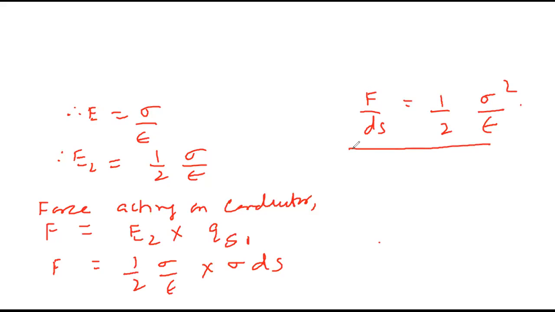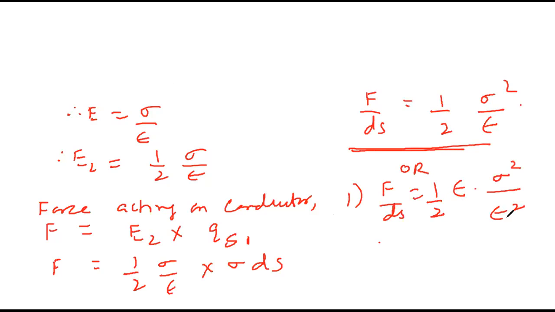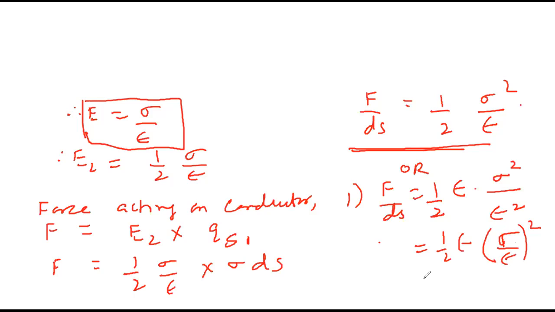This is expression for mechanical force per unit area. I'm multiplying and dividing by epsilon, so here it becomes epsilon square. This is half epsilon into E square, as E formula is sigma upon epsilon for a conductor. Yes, sir. So half epsilon into E square is also formula for force per unit area of charged conductor.